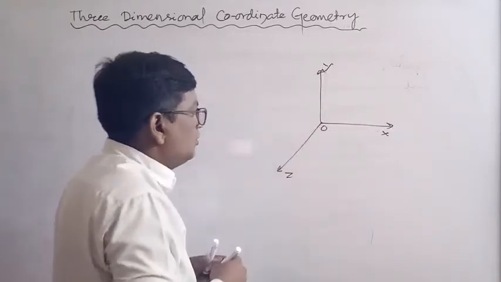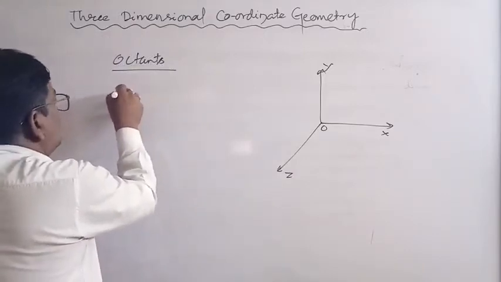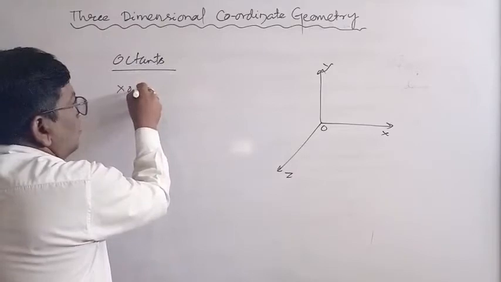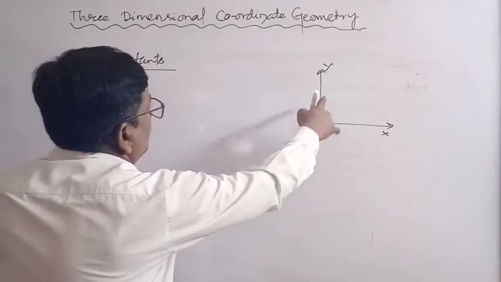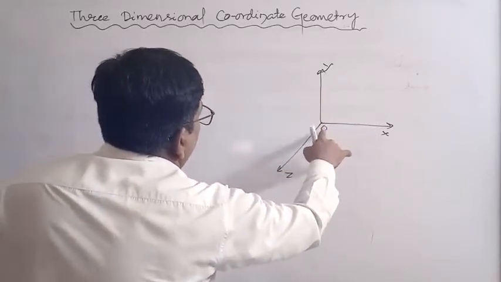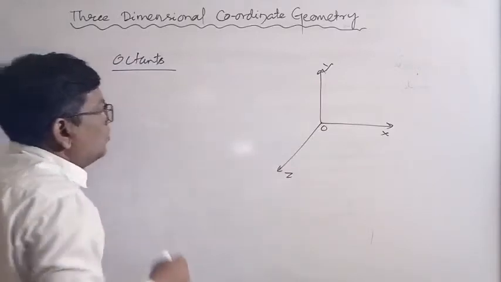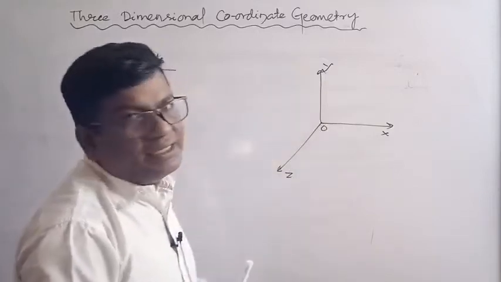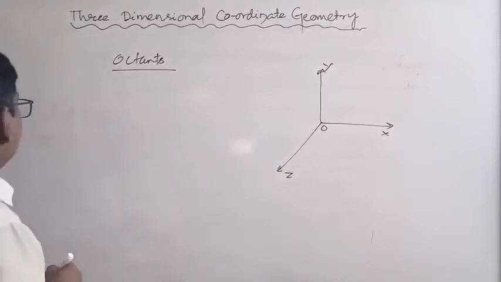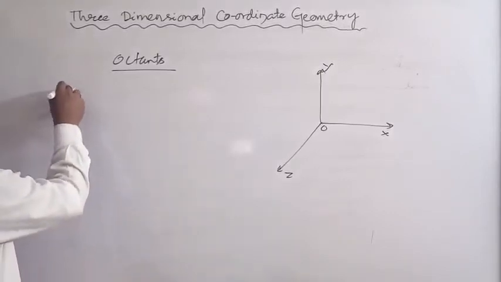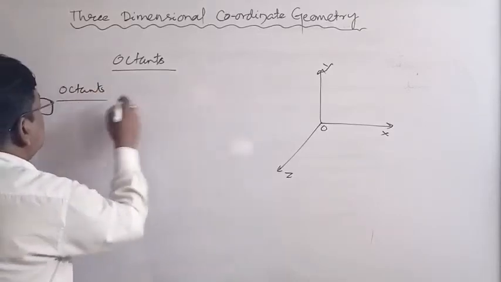This is the origin. OXYZ is called the first octant. Suppose these are octants, and these are the coordinates.